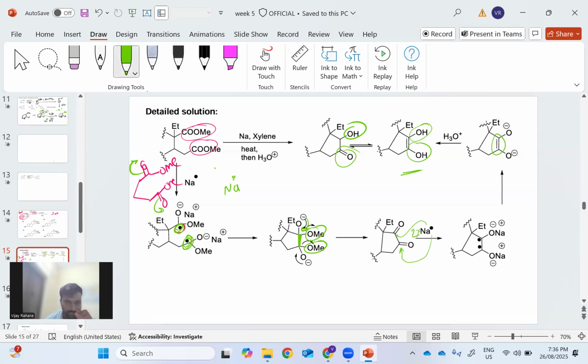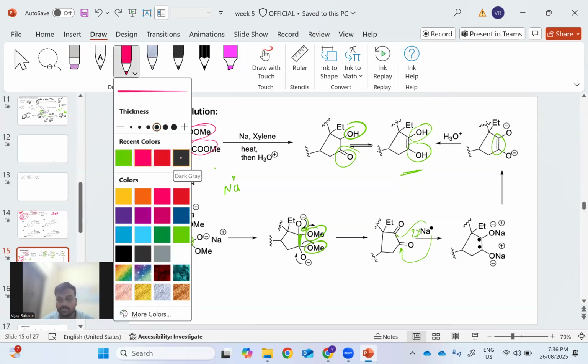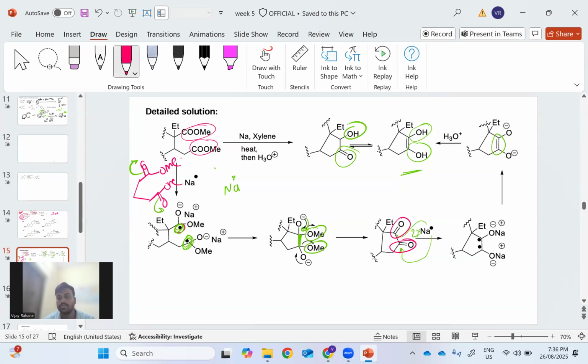But if you just see this one, what happened initially was a two electron transfer to the carbonyl center of the ester group, followed by the bond formation between the two ester groups, and then elimination of the methoxy group from these centers. Both the two methoxy groups get eliminated. Now it leaves the two keto groups. And once these two keto groups are there, again the two equivalents of the sodium give the electron, and it then forms a radical at these carbonyl centers.